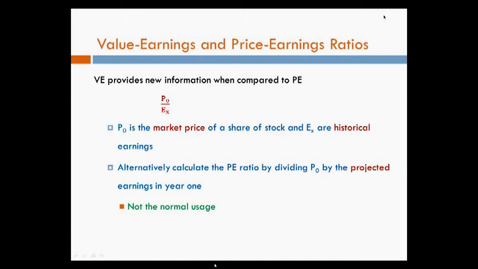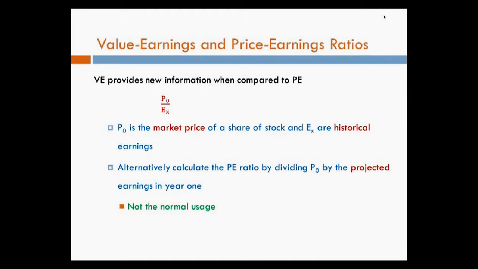Now, when you compare the value earnings ratio with the price earnings ratio, you could recalculate PE to look forward. You could recalculate VE to look back on earnings, so you can get them aligned to each other.